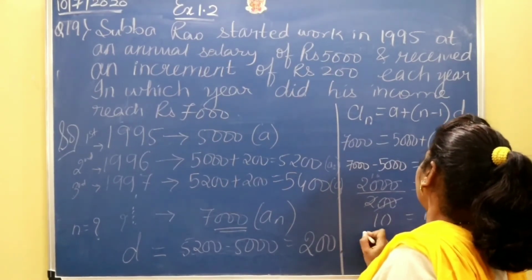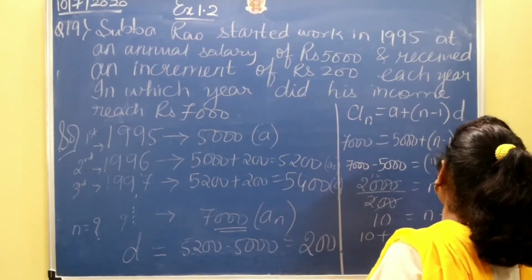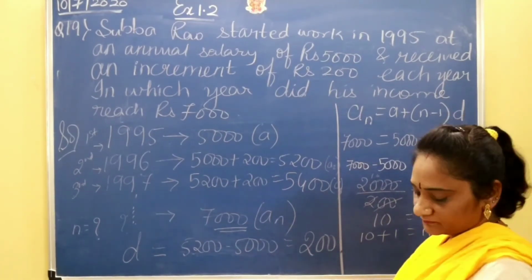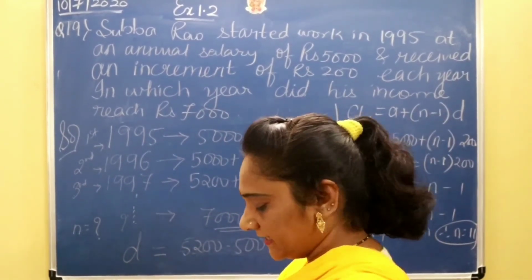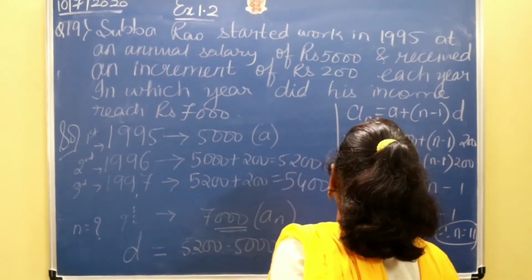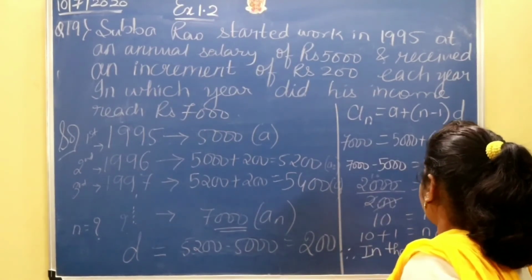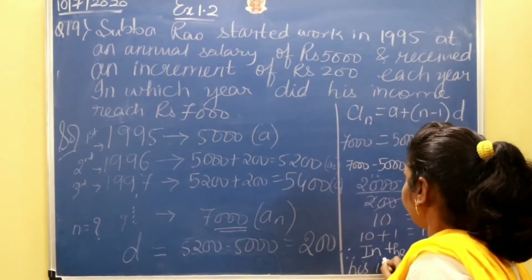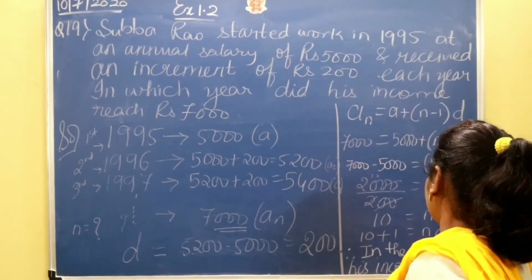Therefore 10 plus 1 is equal to N, hence N is equal to 11. Therefore, in the 11th year, his income will reach 7,000.